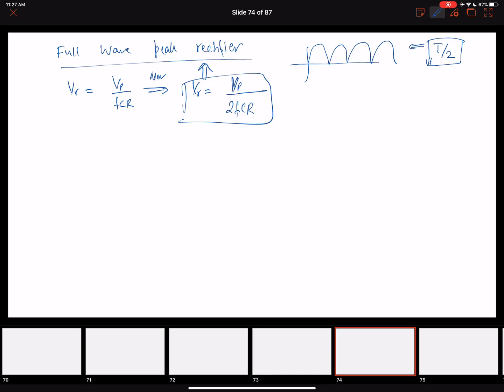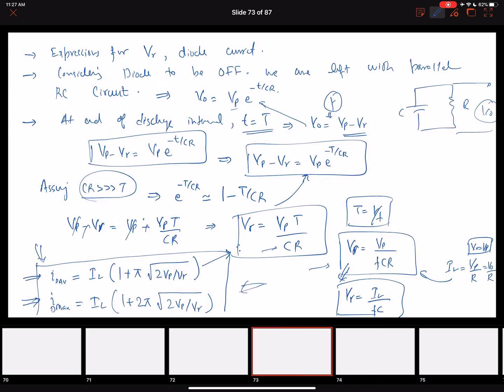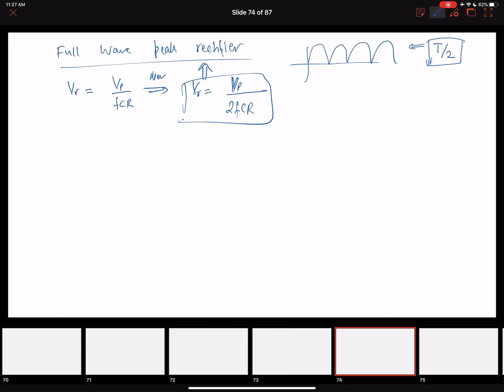And similarly, I can also give you the expressions for the diode average current and the diode maximum current. The similar effect is going to happen in terms of frequency and time period. So the average current is IL (1 + π√(Vp/2Vr)), and the maximum value of the current is IL (1 + 2π√(Vp/2Vr)).